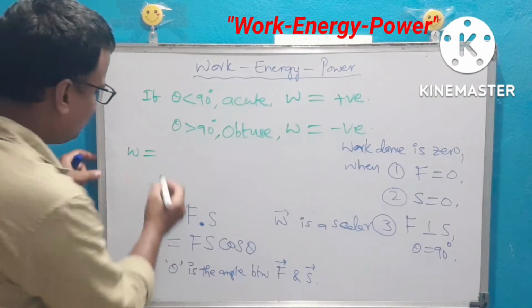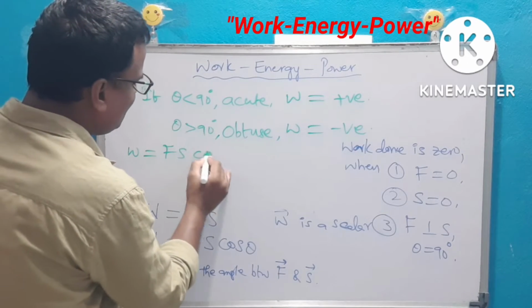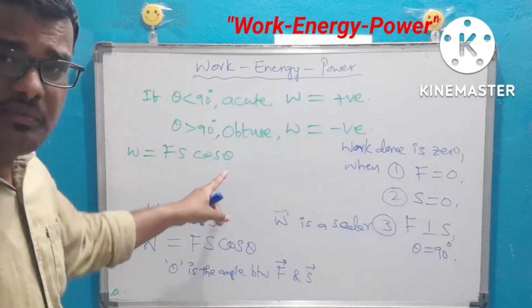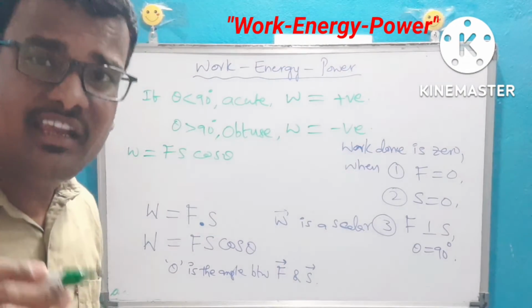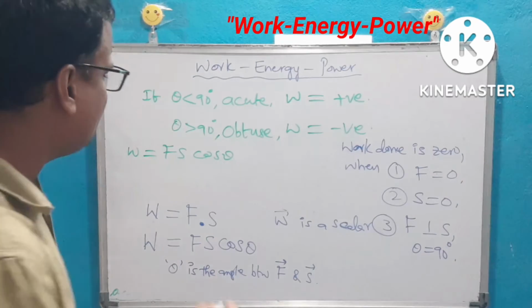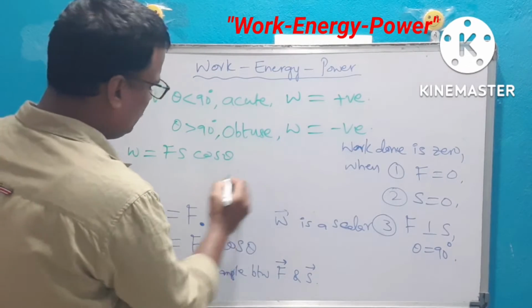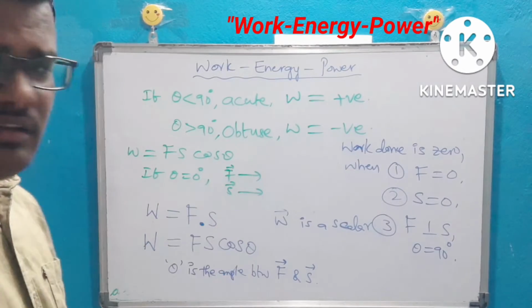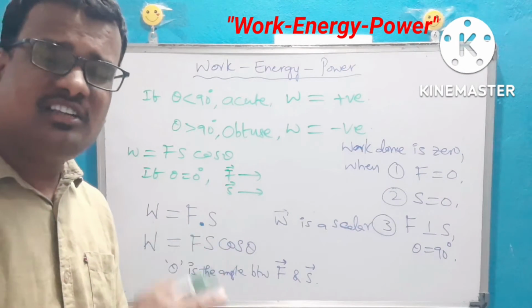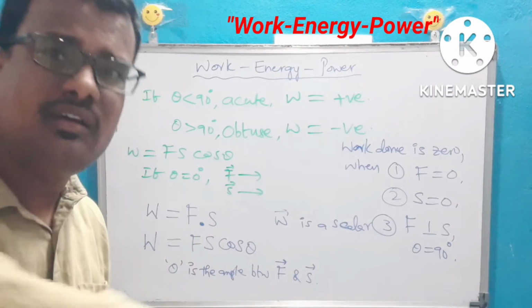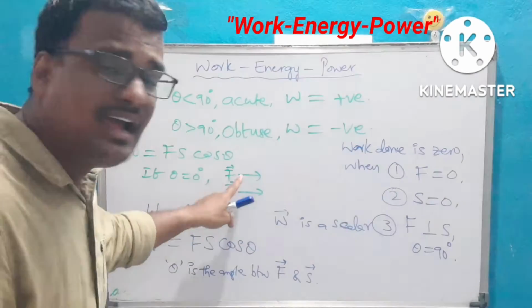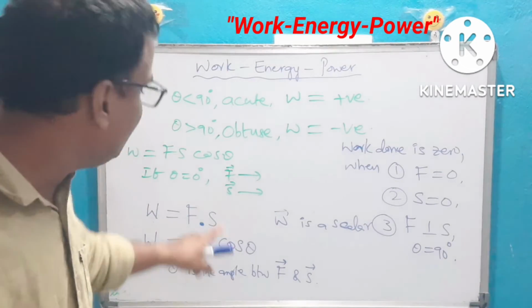Here the work done equation is F s cos theta. If theta equals 0 degrees, that means whenever we apply the force and the displacement also occurs in the same direction as the applied force, the angle between the force and the displacement is 0.